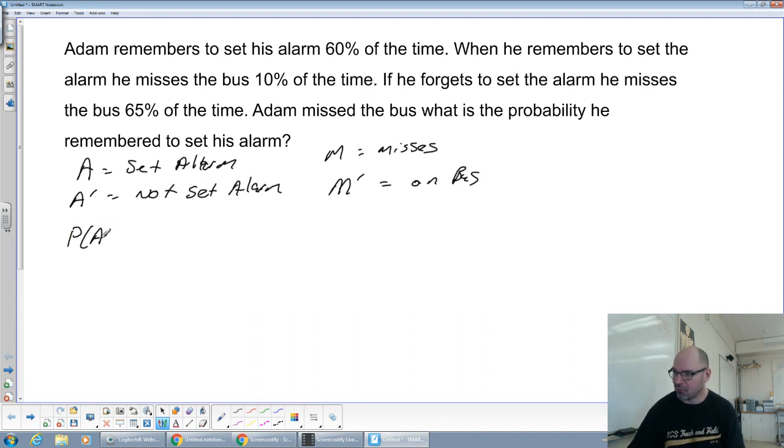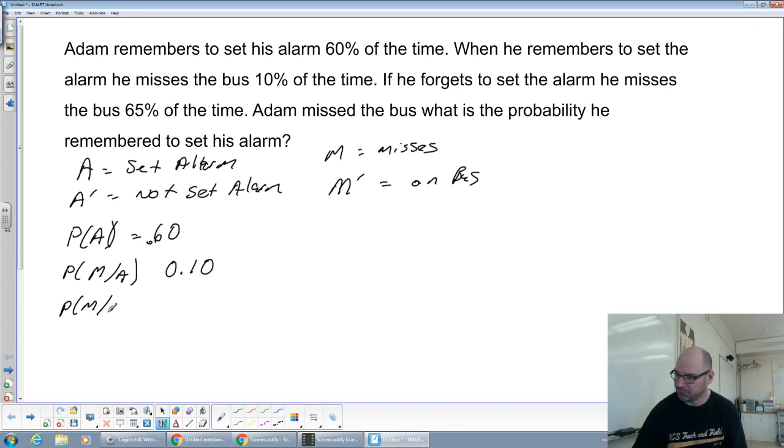The probability that he sets his alarm was 60%. The probability that he misses the bus when he sets his alarm is only 10%. The probability that he misses the bus when he doesn't set the alarm is 65%.